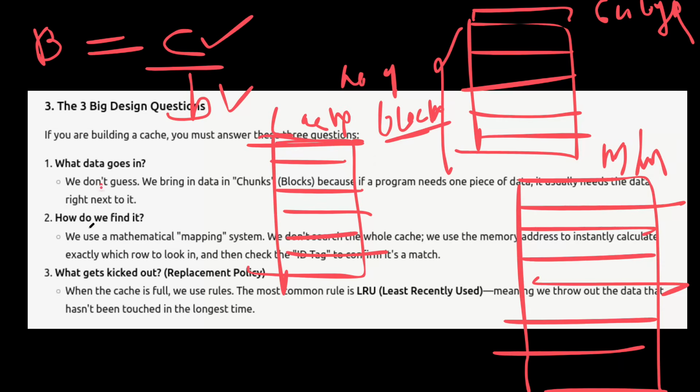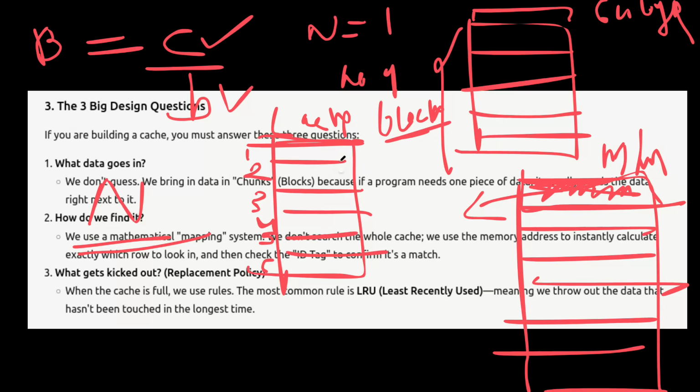Associativity N means, for understanding purposes, let us number each block 1 2 3 4 5 6. Now where can this particular block go? If N's value is 1, only one position is possible, say only here it can go.